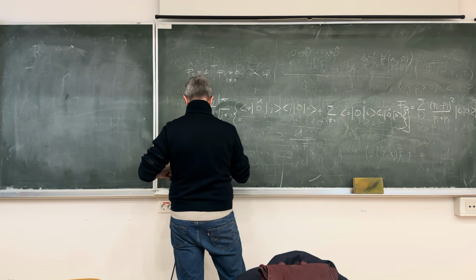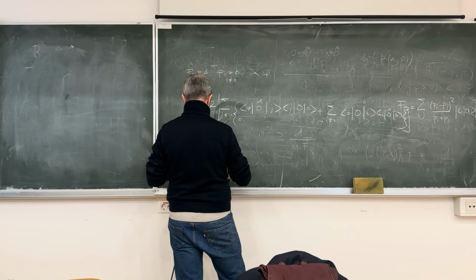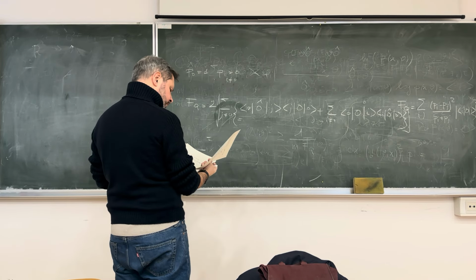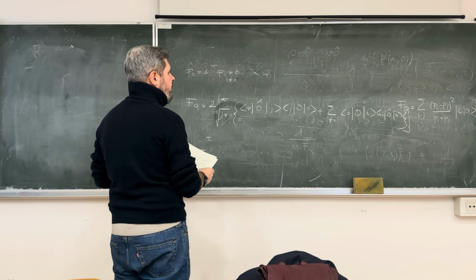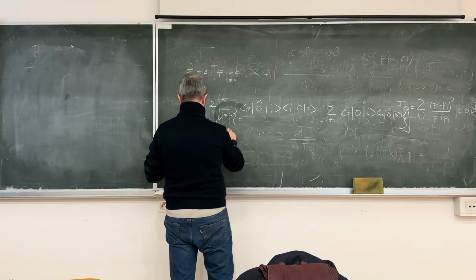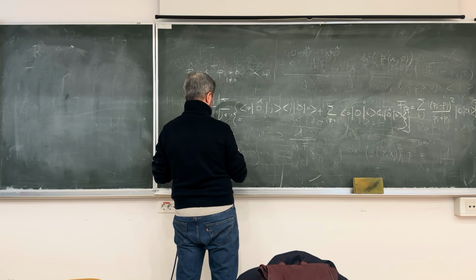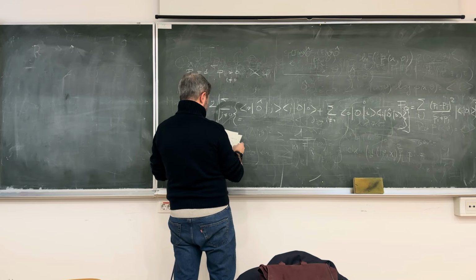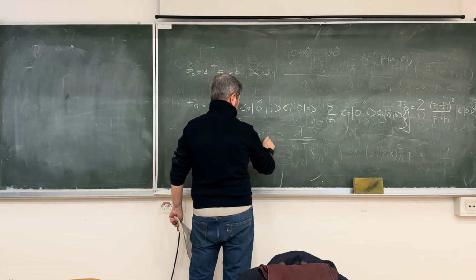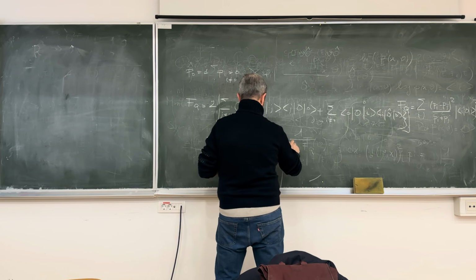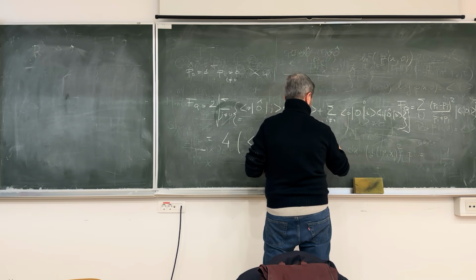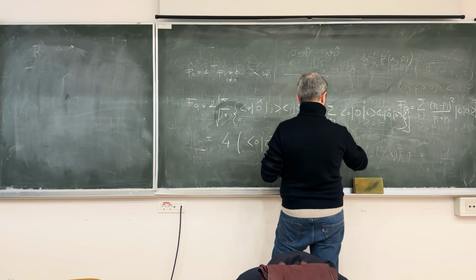And this comes out to be, no, wait a second. Okay, let me write the final result and then we'll discuss it. 4 times, yeah, sure, 4 times the average of O squared minus the average of O, squared.